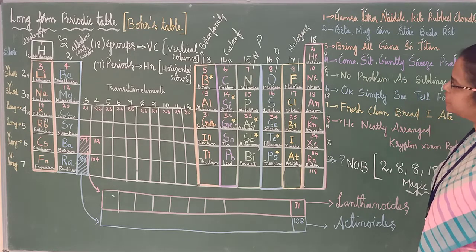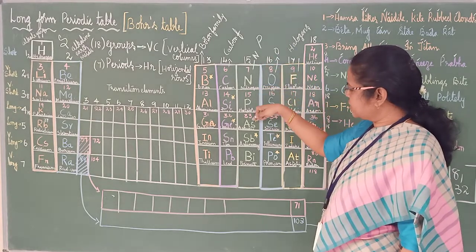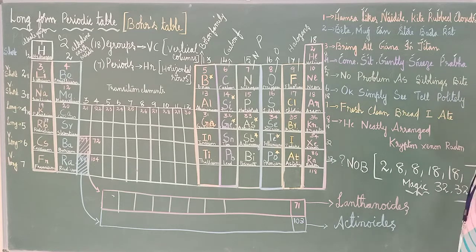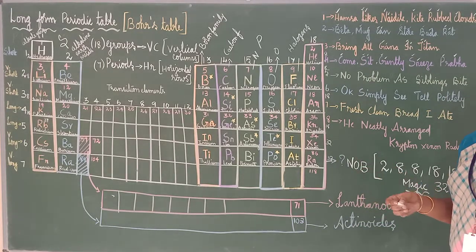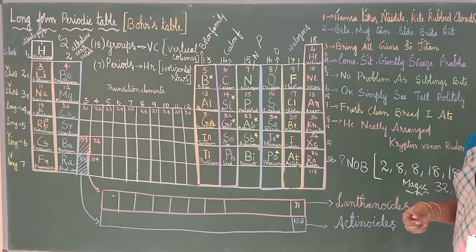The next group is nitrogen. Okay, nitrogen, phosphorus, arsenic, antimony, bismuth. How will you remember? Two siblings are fighting, and they are fighting for a long time, and at last they started biting each other. But if it is a child from some other house, it will become a big problem.